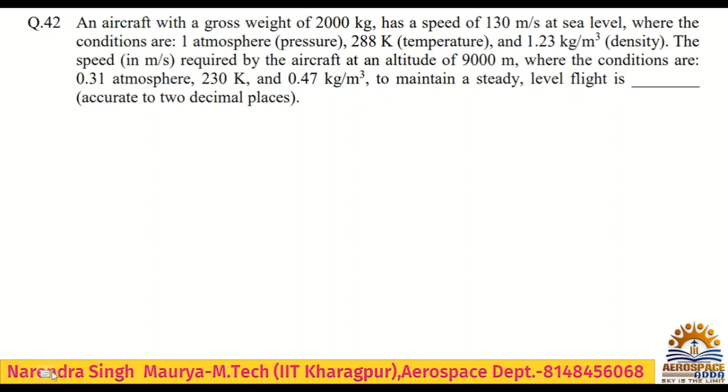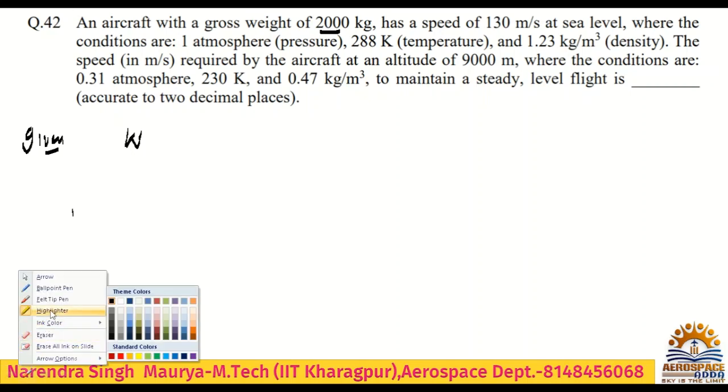Okay, this is problem number 42. An aircraft with gross weight of 2000 kg. Sorry, kg is given, it means it is mass, no?